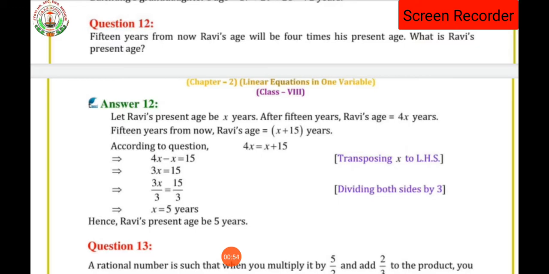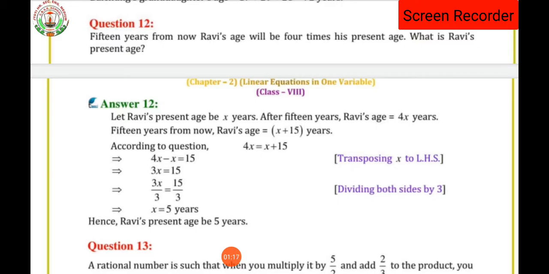After 15 years Ravi's age will be X plus 15. It will be 4 times his present age. Wherever "times" comes, you have to do the multiplication. So present age is X, and 4 times his present age will be 4X.